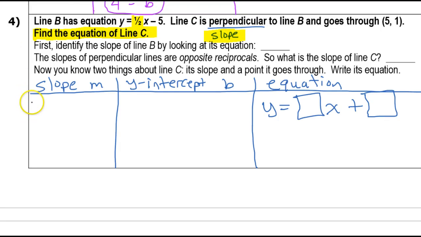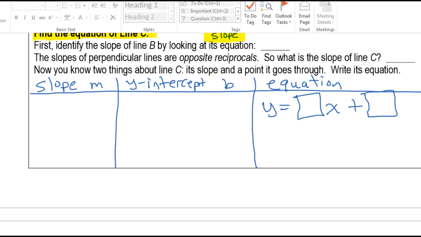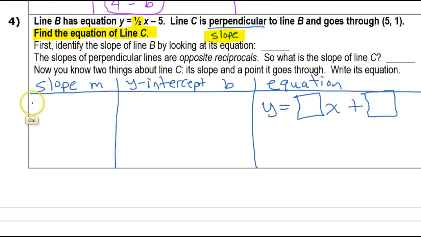All right, so let's see. So line A has slope, hold on, let me write that slightly differently. I'll say slope B. All right, slope B is 1/2. So what will be the slope of line C?